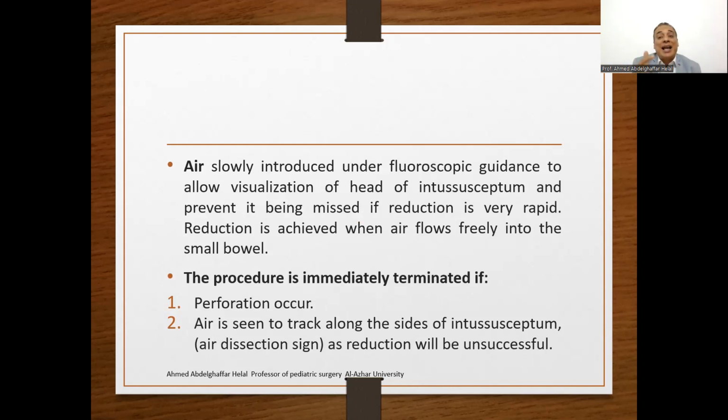Air seen tracking along the side of the intussusceptum, the air dissecting sign, means that the reduction will be unsuccessful. So it's very important that the procedure is stopped immediately.